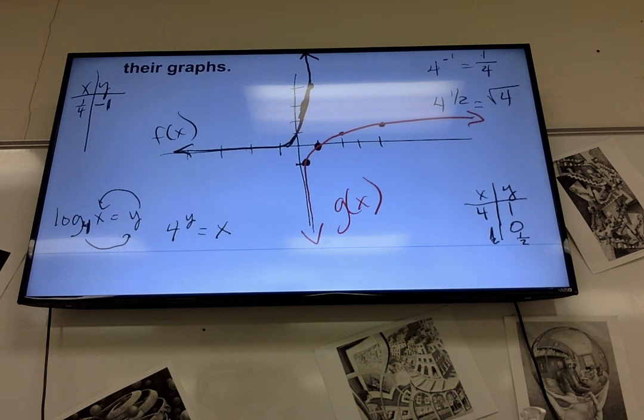Notice how they're inverses of each other. Can you remember how to look at a graph and tell if they're inverses? Basically along this diagonal, which is the y equals x line. If you fold it, they'll land on top of each other.